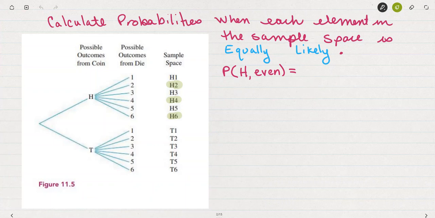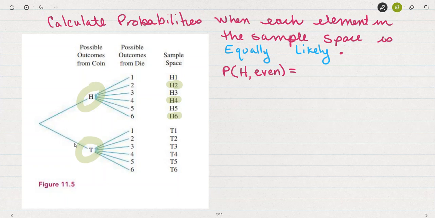And please note, to start with, that in each of the examples we're looking at, we're going to say that each element in the sample space is equally likely. So in other words, when we see this tree where the first event is we flip a coin and we'll either have a head or a tail.